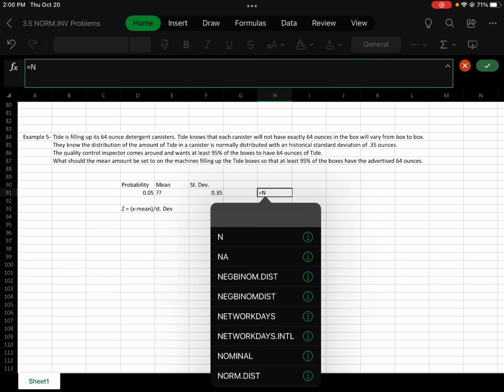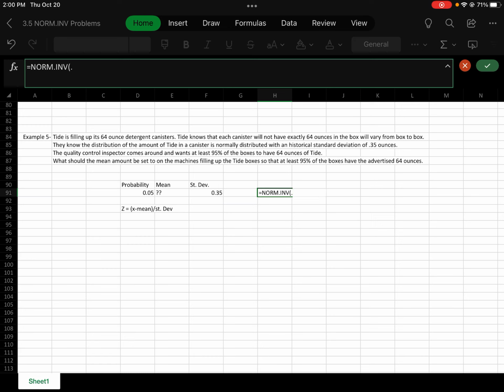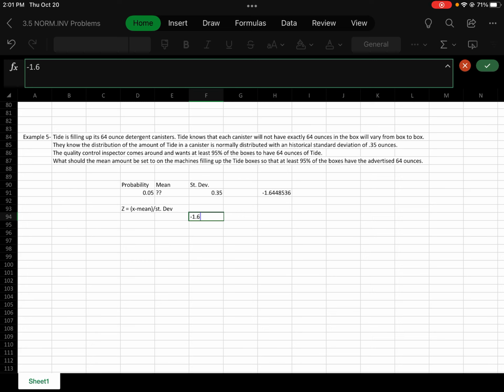So I'm going to use my NORM.INV function. The probability is 0.05. The mean and standard deviation to find a z-score are 0 and 1. And that's going to return a negative 1.645.